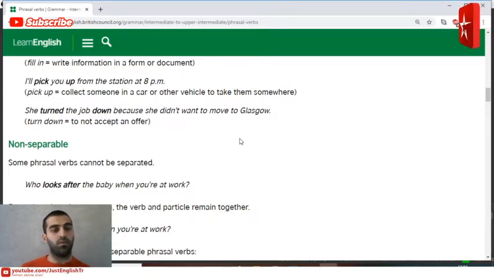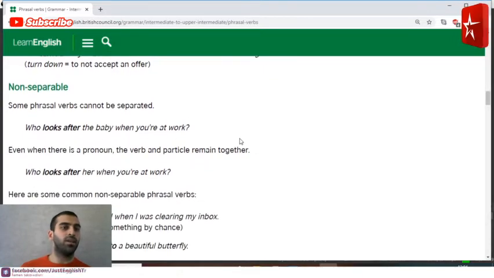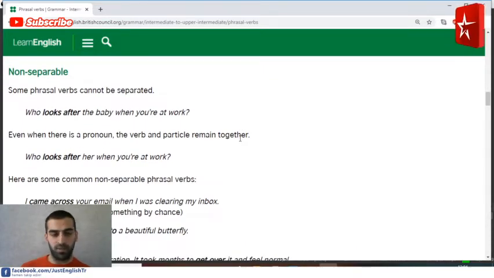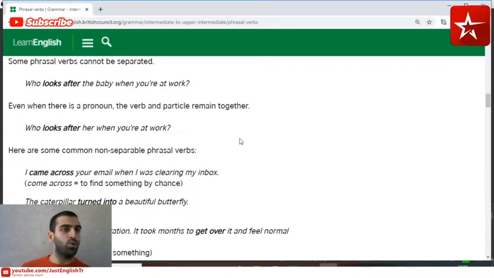And the second type of phrasal verbs is non-separable phrasal verbs, as we call them in English. The first one was separable, the second one non-separable. Some phrasal verbs cannot be separated. For example, look after: who looks after the baby when you are at work? Even when there is a pronoun, we can't separate this phrasal verb.